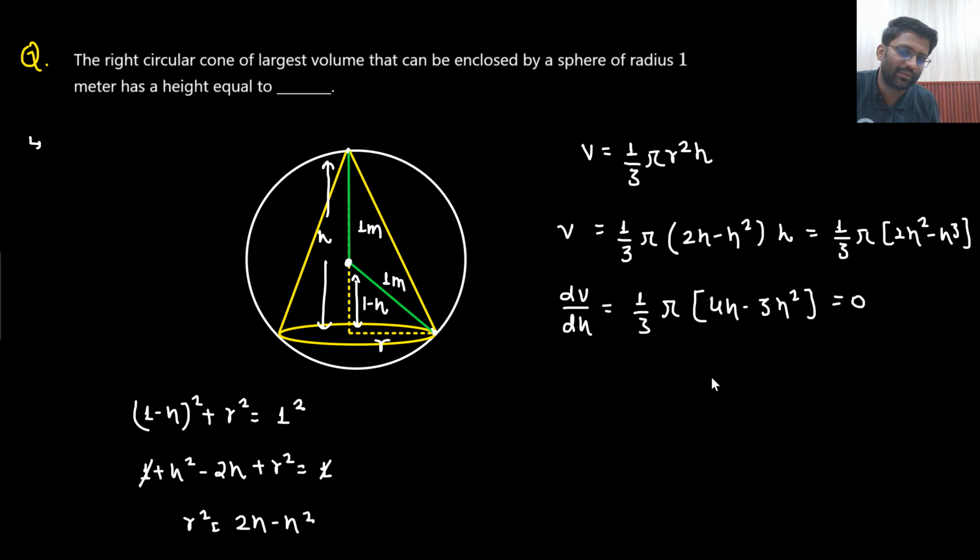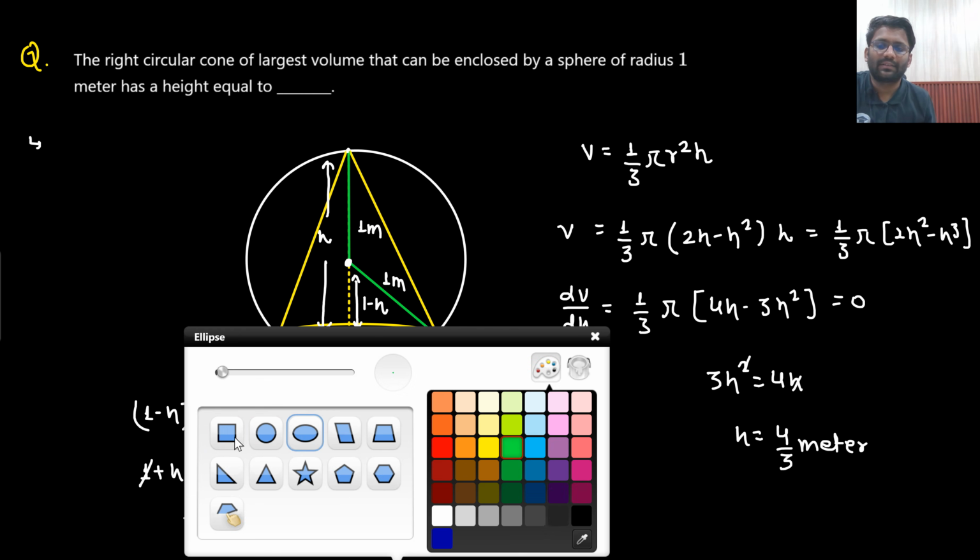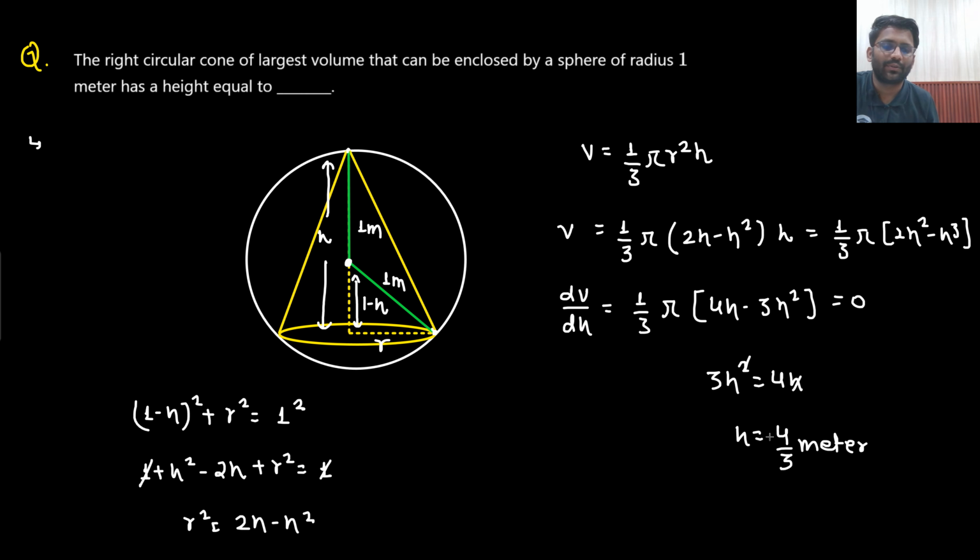That should be equated to 0. So 3h square equals 4h, so h comes out to be 4 by 3 meter. This is the answer. Differentiate, put that equal to 0, so height has to be 4 by 3 meter.